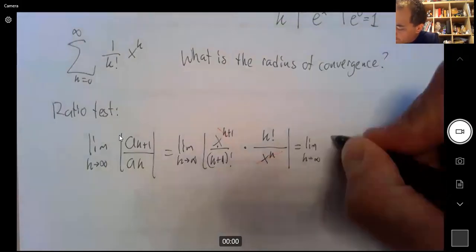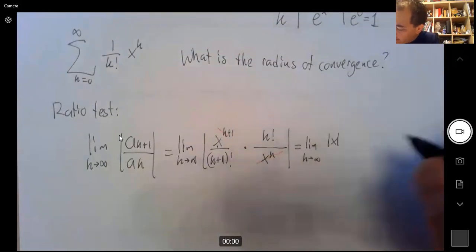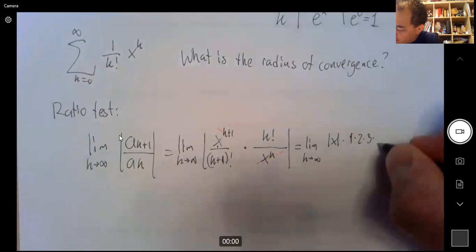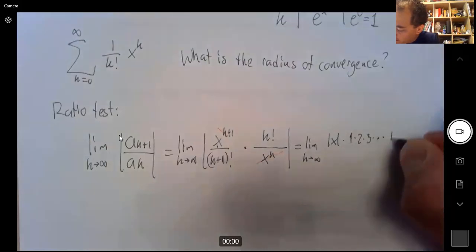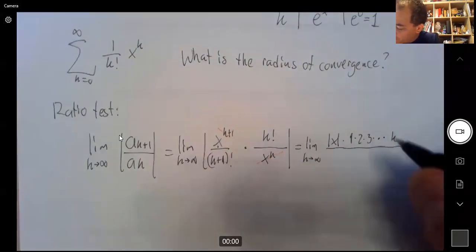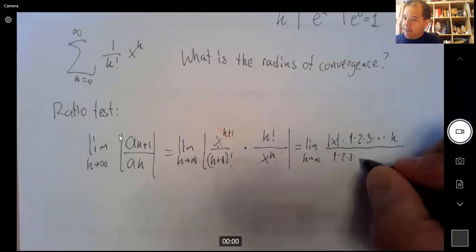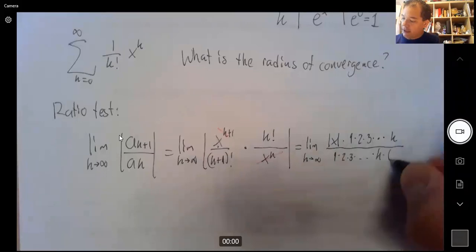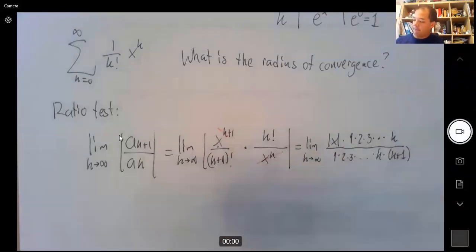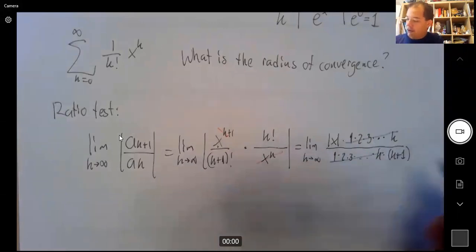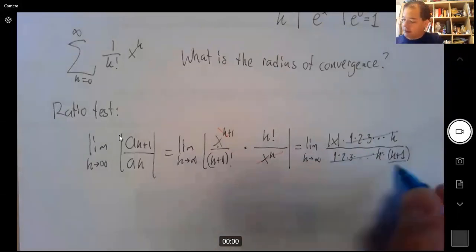So we have absolute value of x, and then k factorial, which is 1 times 2 times 3 dot dot dot times k. And in the bottom, k plus 1 factorial, which is 1 times 2 times 3 times k times k plus 1, right?